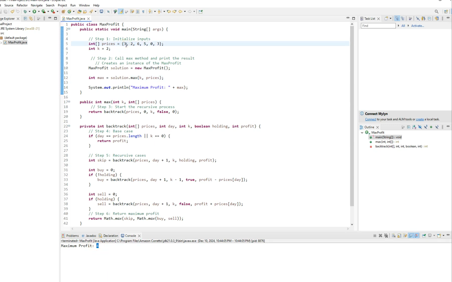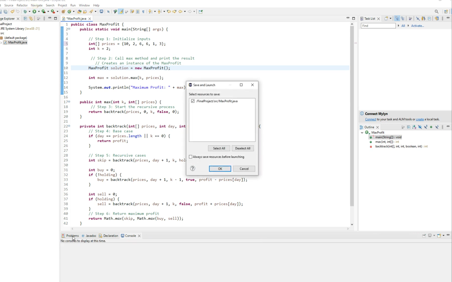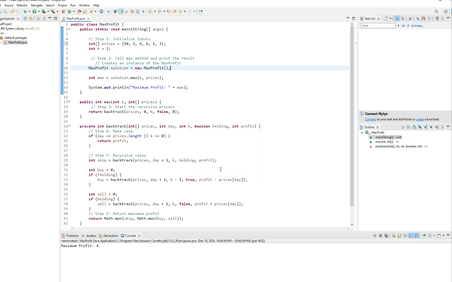If we change some numbers, like we put 6 here, for example. So we buy at 1, for example, and let's check these numbers. Okay, still here.